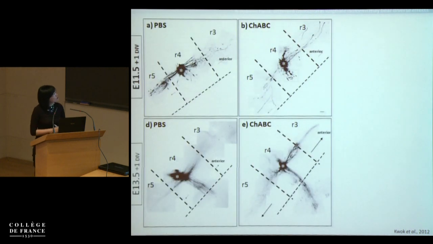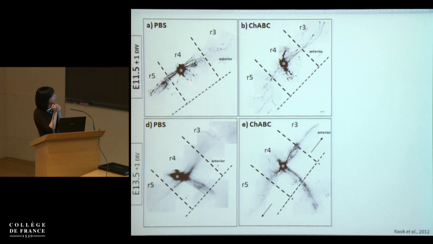And what you are seeing here is that in both 11.5 days with 1 day of culture, or 13 and a half days with 1 day of culture, as expected, with the chondroitinase treatments, when you remove chondroitin sulfate in these embryos, 24 hours after the removal, we label the neurons with DiI in rhombomere 4, which is the site of injection.